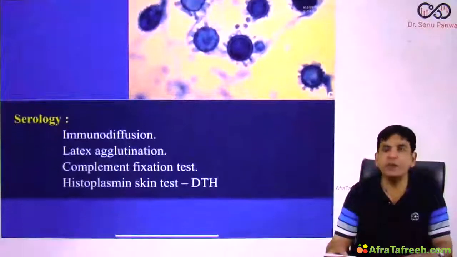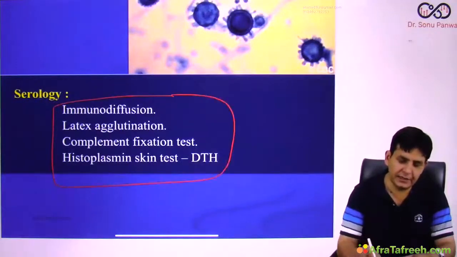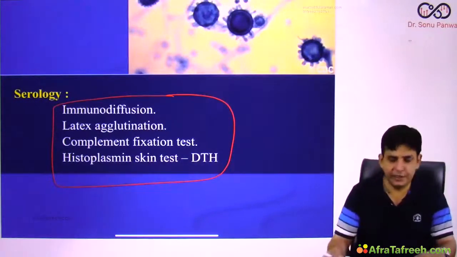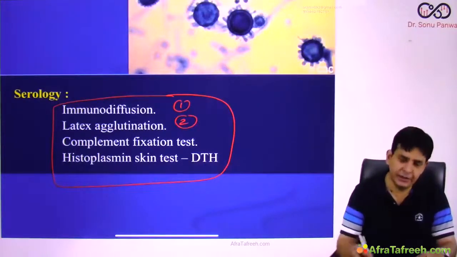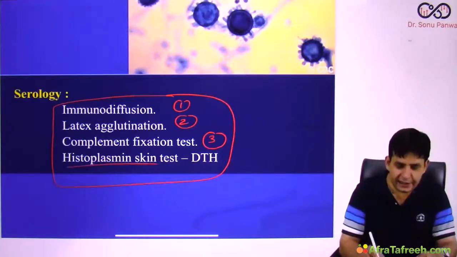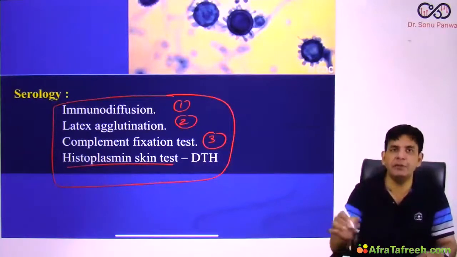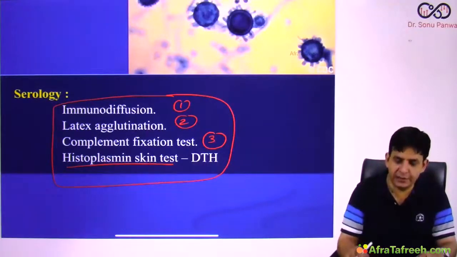And in all of the dimorphic diseases, remember these four things are done. Serology: one is immunodiffusion, the second one is latex agglutination, the third one is complement fixation test. And a skin test is done in every dimorphic disease. That is the histoplasmin skin test, which is which type of hypersensitivity?